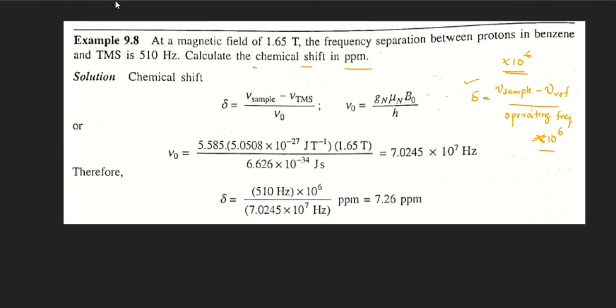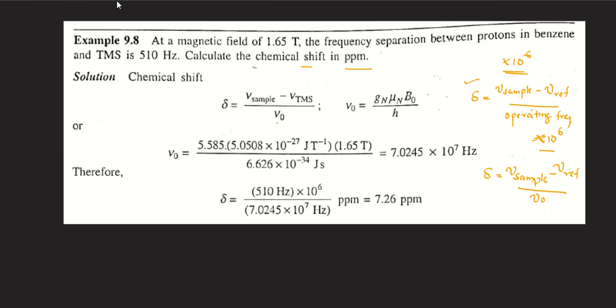This is the general formula for chemical shift. To determine the chemical shift, first of all, we need to find out the operating frequency nu 0. Delta is equal to nu sample minus nu reference by nu 0. So we have to find out the operating frequency. How is the operating frequency determined?